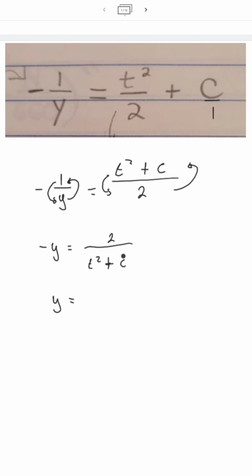Now, if we were to do this on the denominator, it wouldn't be so convenient because you would have to change the sign of both of these things because it's like one single thing in the denominator. So we can just change it up there in the numerator. So it's going to be minus 2 over t squared plus c.